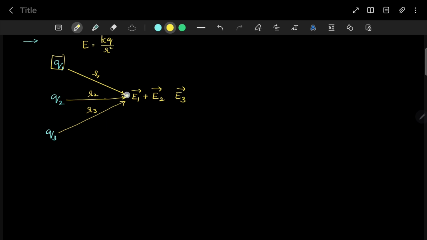So the total electric field vector at this point, let us assume it is P, is given by the summation of individual electric fields in vector form. That summation of individual electric fields at a point in vector form is called the principle of superposition of electric field.